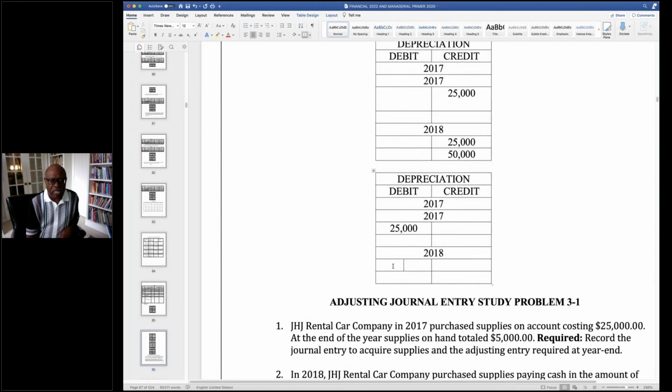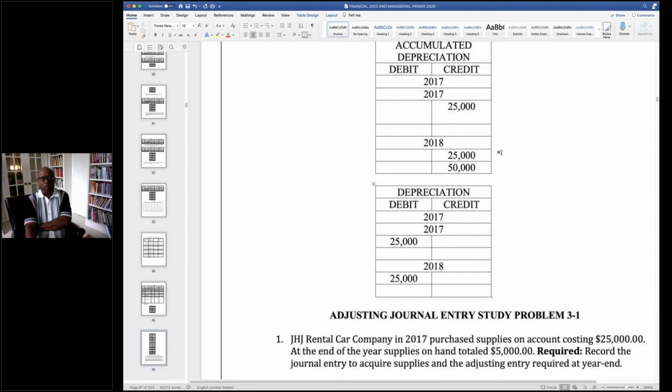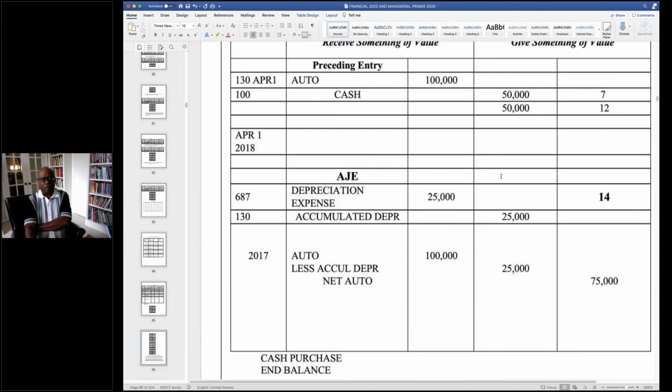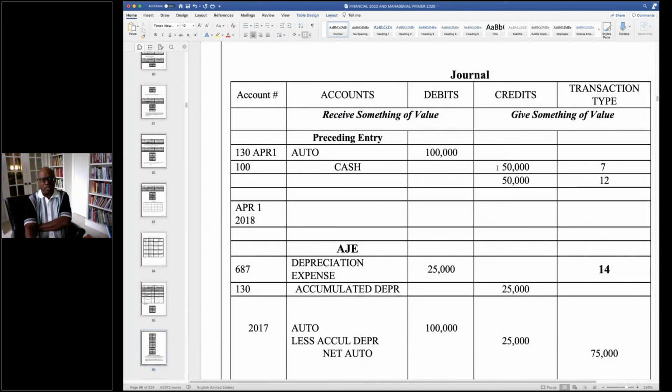But in 2018, we're going to have 25,000. Once you buy the asset with these adjusting entries, it's going to stay the same each year. So in the simplified case, every year you would make this entry.